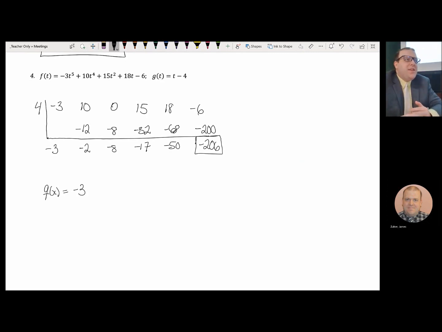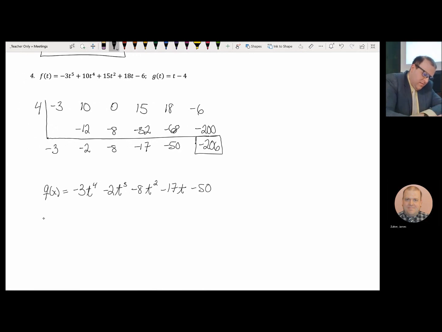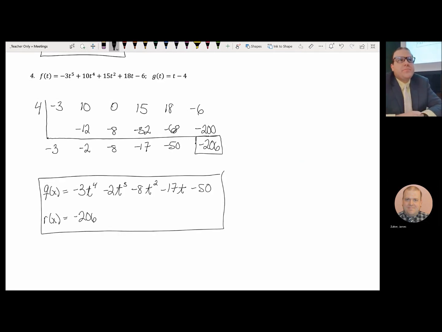So the degree of the quotient will be... Oh, you bet, Q of t. They should be t's, not x's. I'm just so used to x.